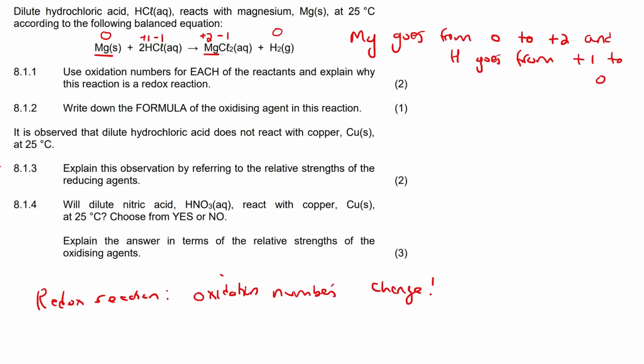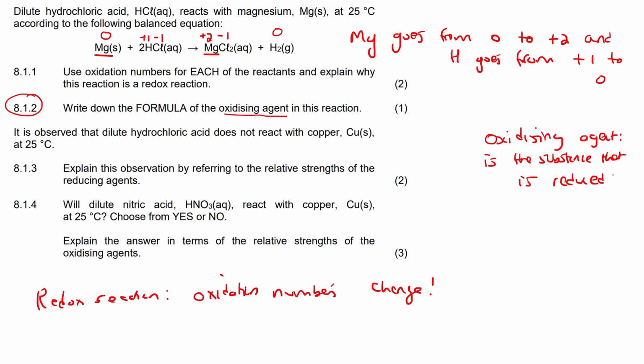Okay, now this question says, write down the formula of the oxidizing agent. So the oxidizing agent is not the substance that is oxidized. This confuses learners all the time. The oxidizing agent is the substance that is reduced.